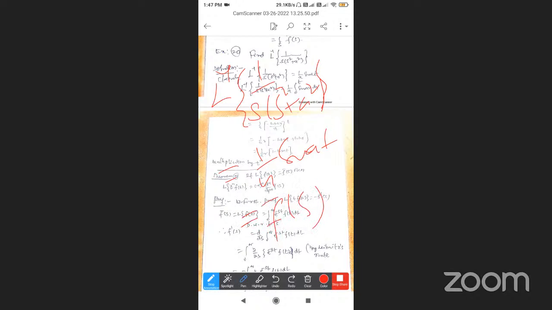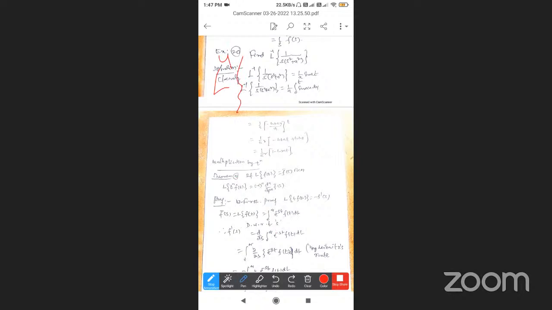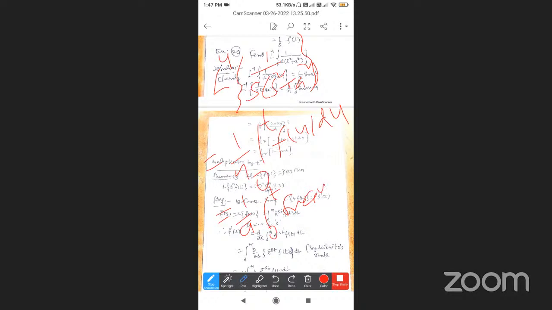So what is the question? The inverse Laplace transform of 1 by s into s square plus a square is equal to 1 by a into the integral from 0 to t of f of u du. So what is f of u? 1 by a, f of u here is sin au, so the integral from 0 to t of sin au du.